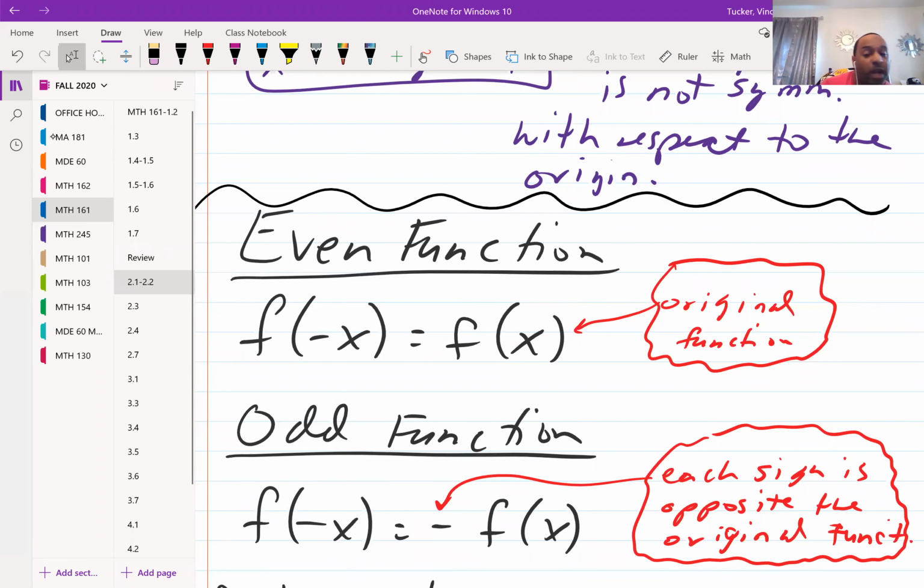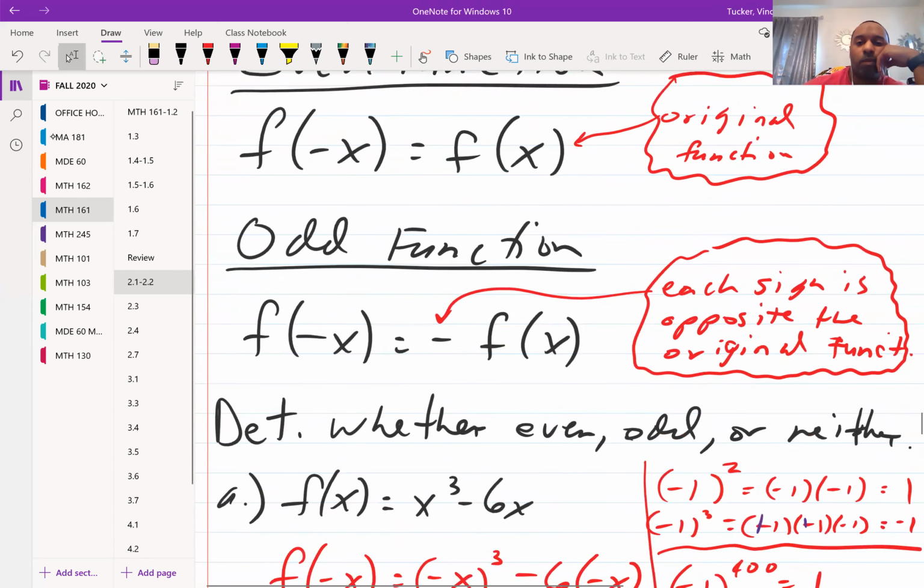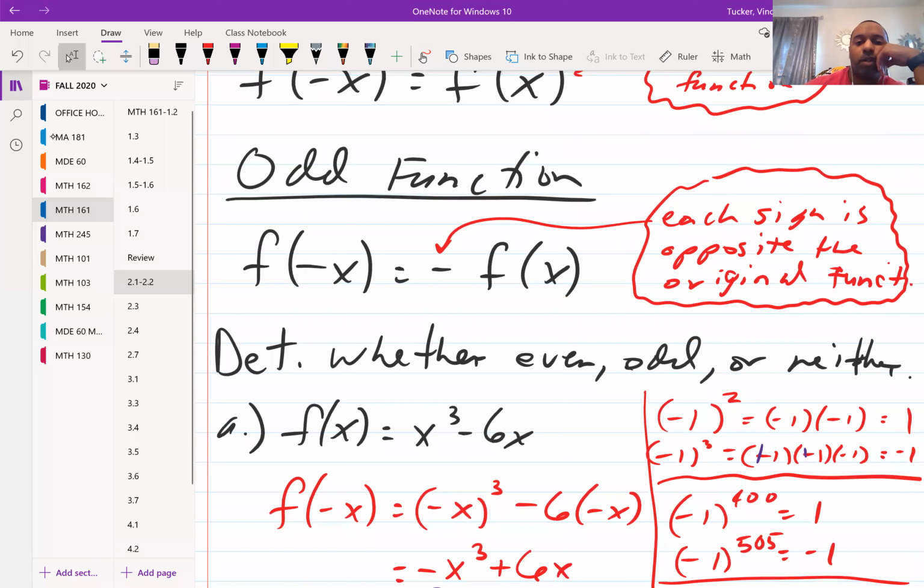But for an odd function, when you plug in the negative x and you simplify, each one of the signs are opposite, then it is an odd function. All right. So the directions for this type of exercise would say determine whether it is even, odd, or neither.